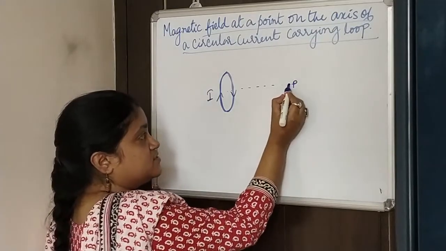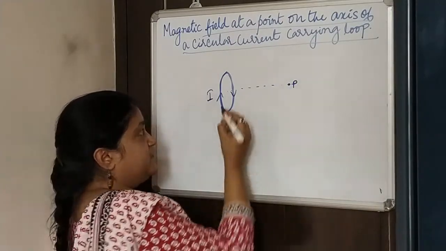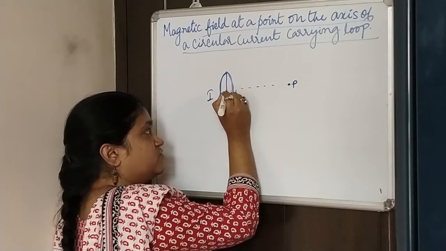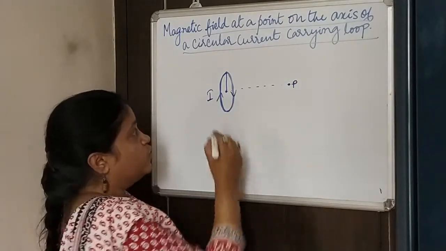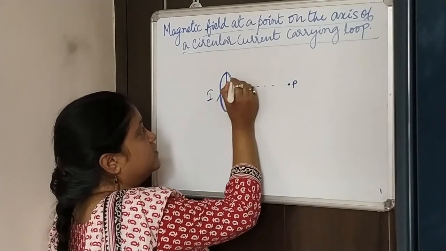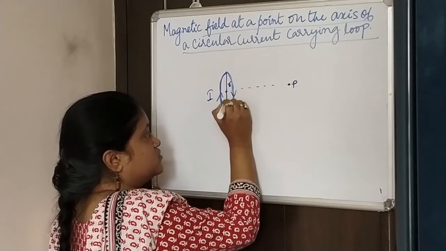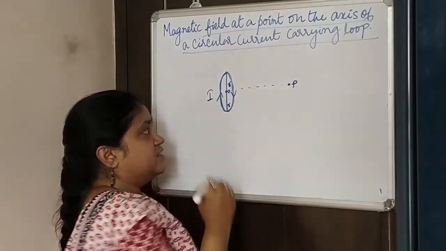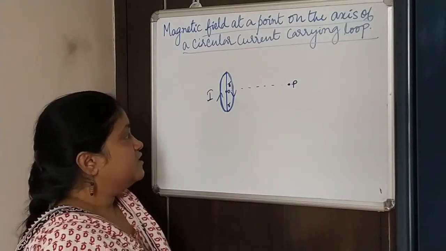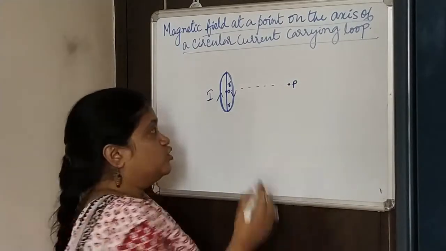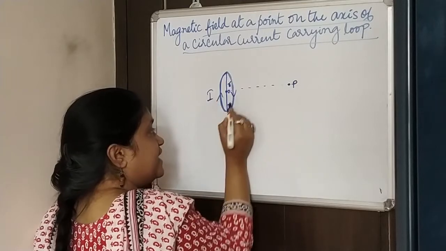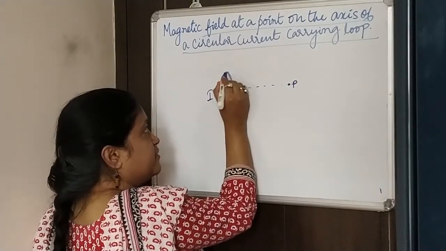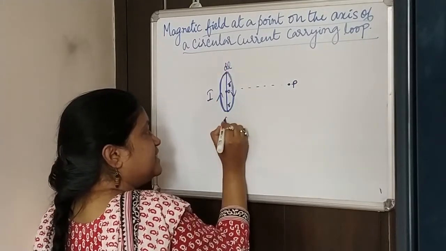So suppose this is the point P. The radius of this circular wire or circular loop is R. Suppose this is the center O and this is the radius R. Now we are considering two small current carrying elements, each of length dl.